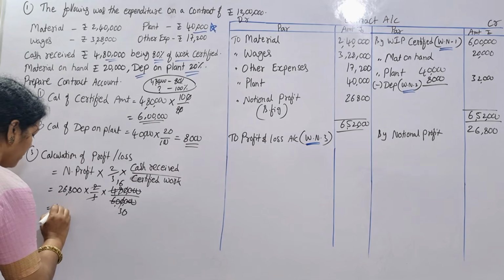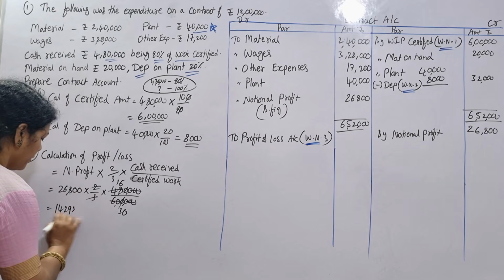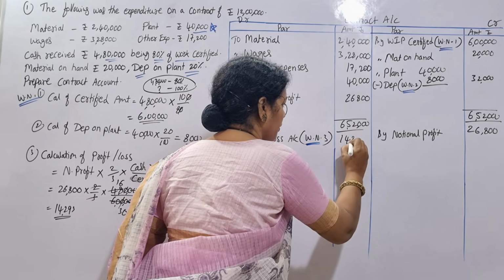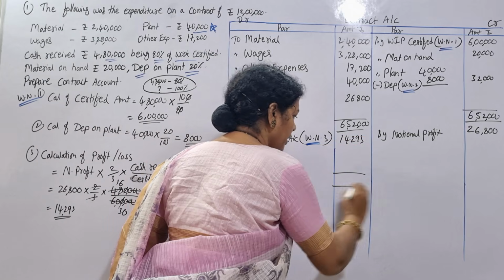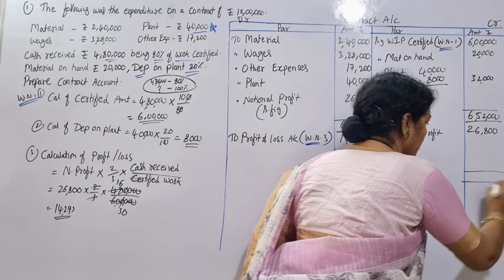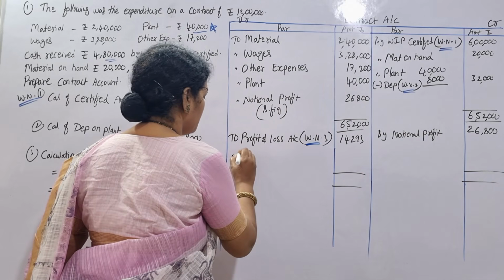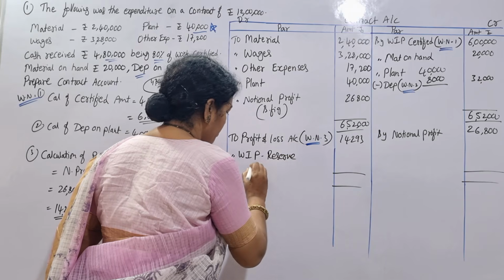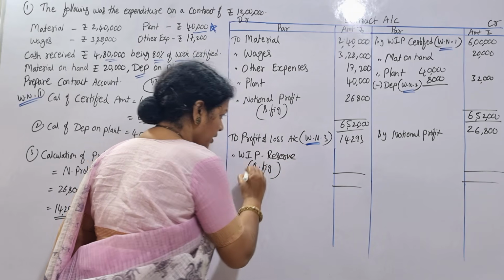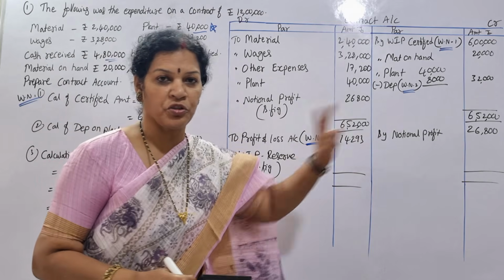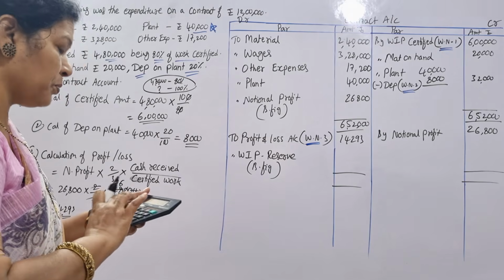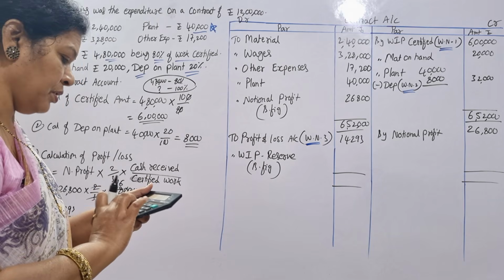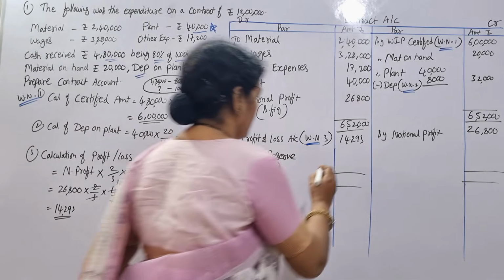So this is the profit, 14,293, as shown in the working notes. Now here we are going to get the work in progress reserve. This is the balancing figure. It is the difference between the profit and loss account and the notional profit. Notional profit is 26,800 minus 14,293, which comes to 12,507.